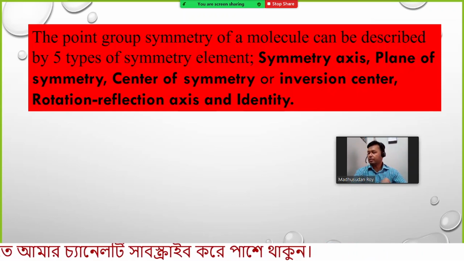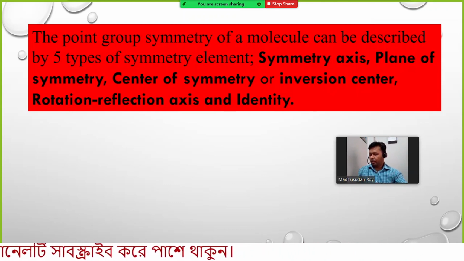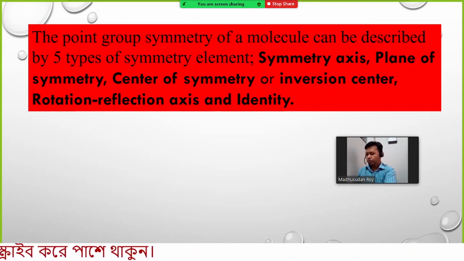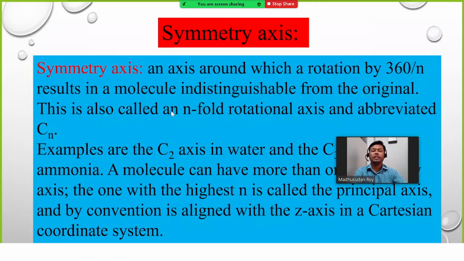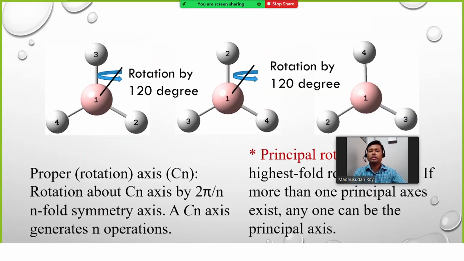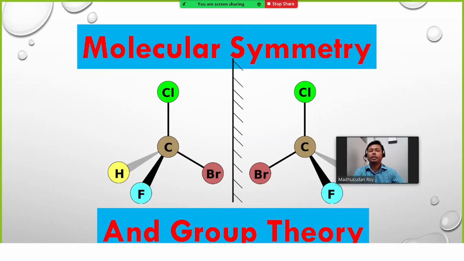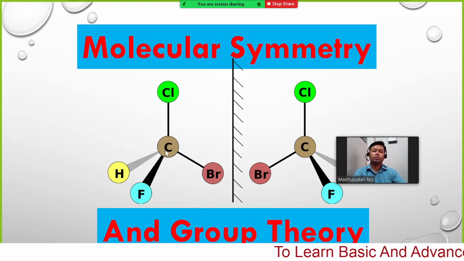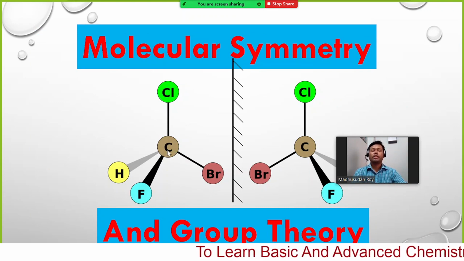So let us consider any type of molecule. I mentioned firstly the symmetry axis. What I showed you in chlorine, bromine and this one, these types of molecules, you cannot do any rotation operation that gives you the symmetry.